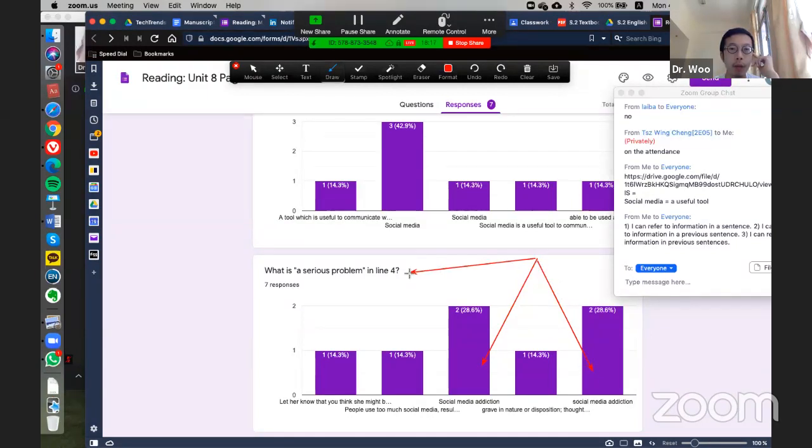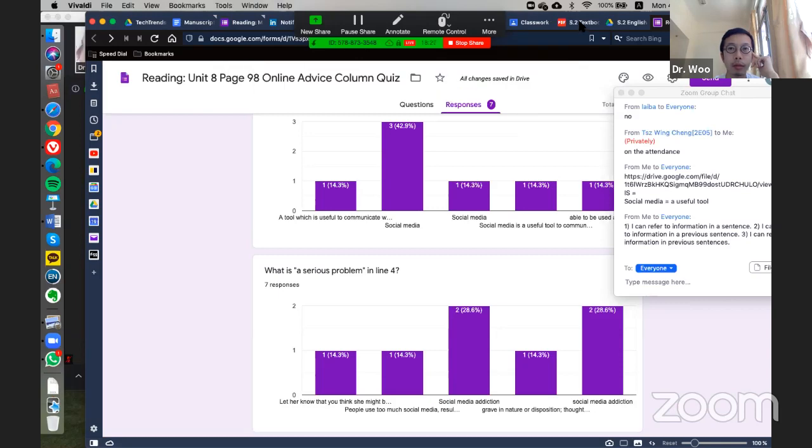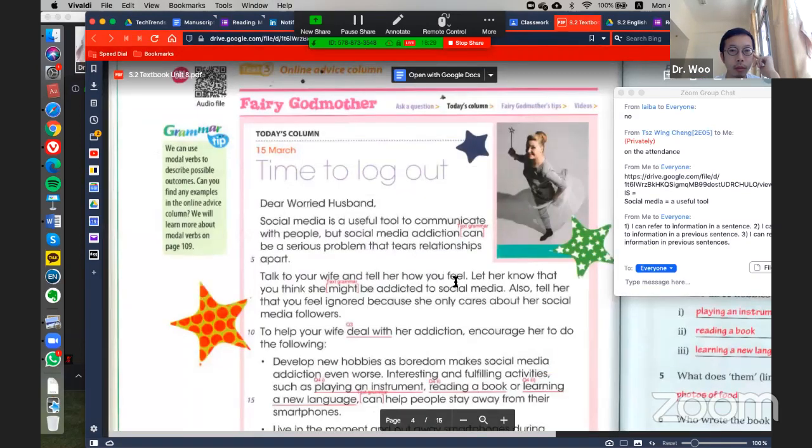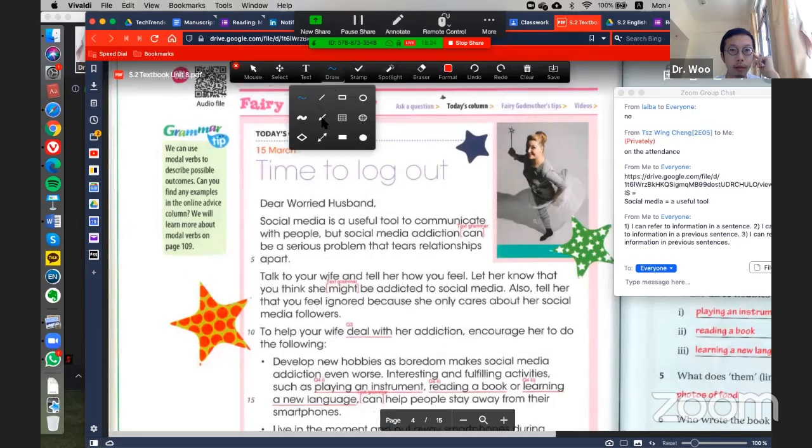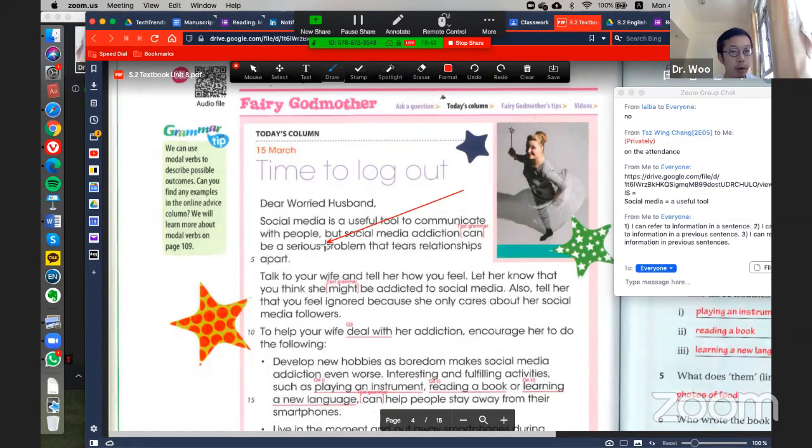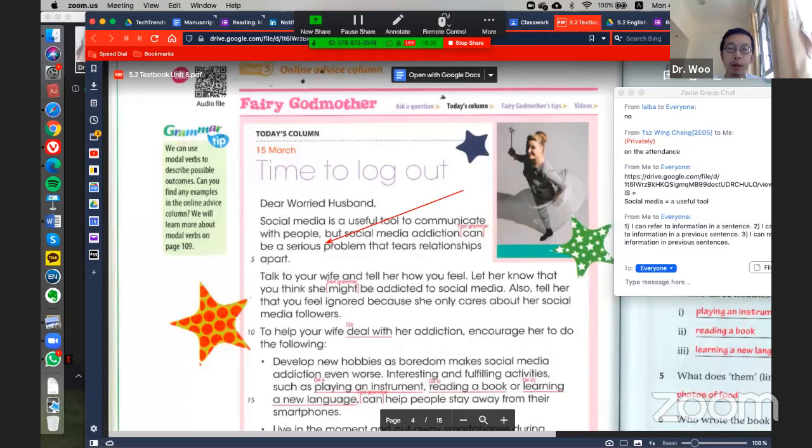So let's go to line 4 and check the serious problem. Okay. A serious problem. So we see a serious problem in line 4. Back to the question.